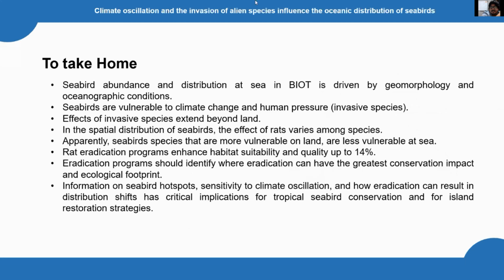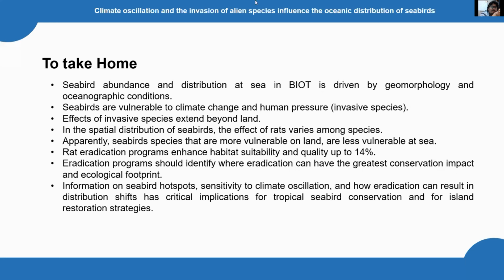Take-home messages: seabird abundance and distribution at sea in the British Indian Ocean Territory is driven by geomorphological and oceanographic conditions. Seabirds are vulnerable to climate change and human pressure, particularly invasive species and other effects. The effects of invasive species extend beyond land. In the spatial distribution of seabirds, the effects of rats vary among species, which is really important. Apparently, seabird species that are more vulnerable on land are less vulnerable at sea.